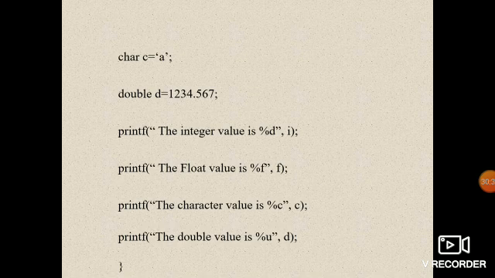This is a char, that's why we have to represent it with single quotes only. For the output you will get A only, and for double we have 1234.56. The values will be printed. So these are the output values you will get.